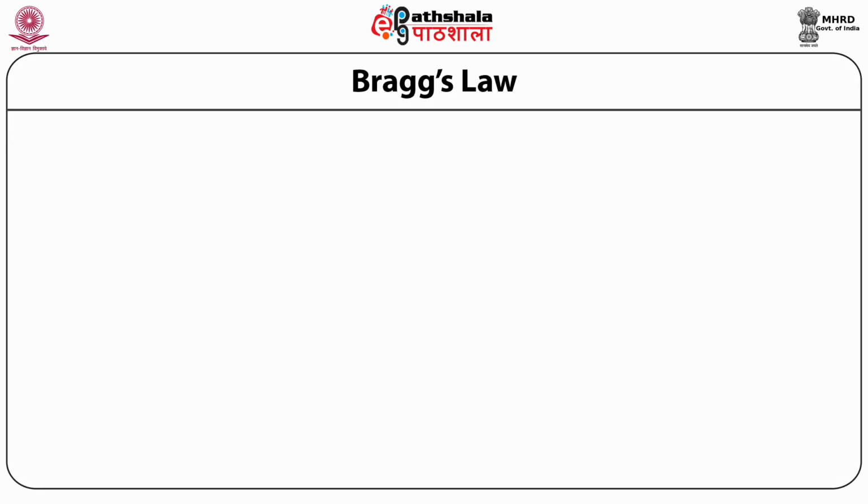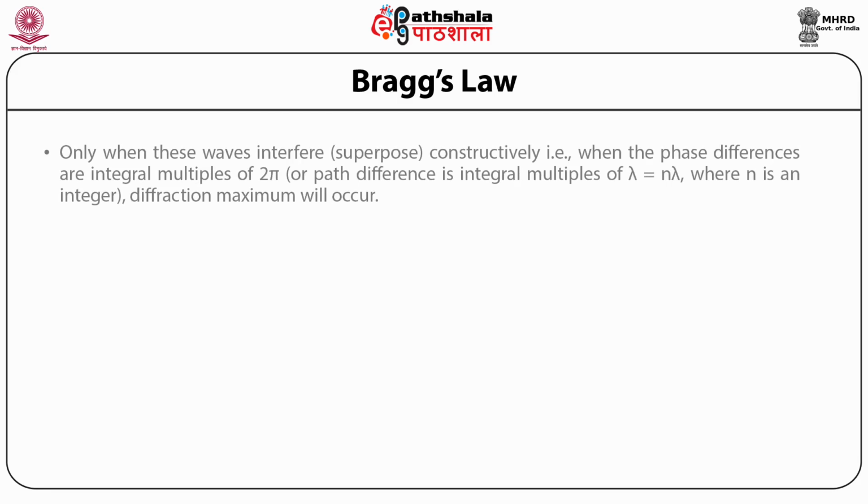We have seen from figure 4.5 that the diffracted rays go along the direction BC and B prime C prime. Only when these waves interfere or superpose constructively, that is, when the phase differences are integral multiples of 2 pi, or the path difference, as we have seen in the derivation, is integral multiples of lambda, that is n lambda, where n is an integer, the diffraction maximum will occur.